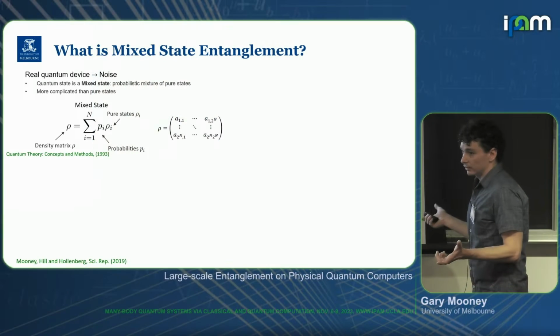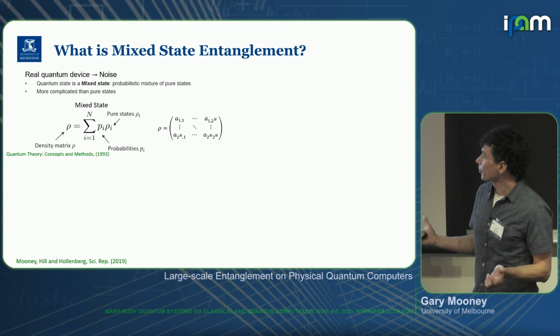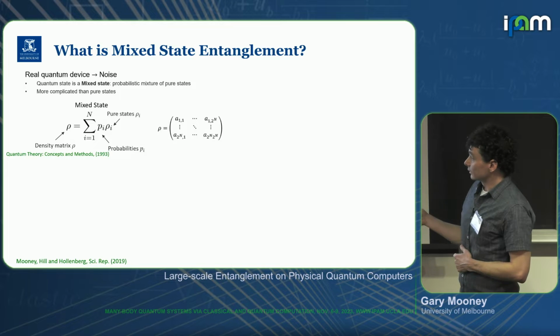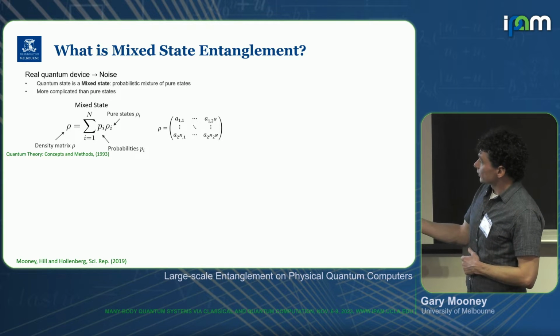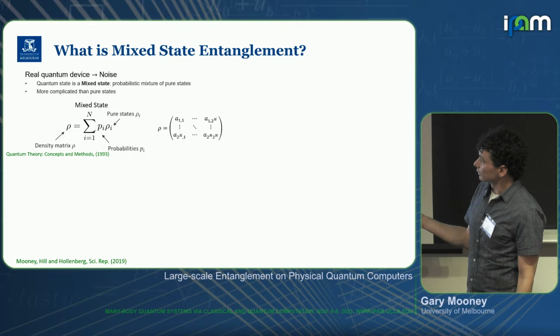But in a real quantum device, you've got noise, and so we can't really use pure states anymore. We're going to be using density matrices, and density matrices can be written as a linear combination or a probabilistic mixture of pure states like this.